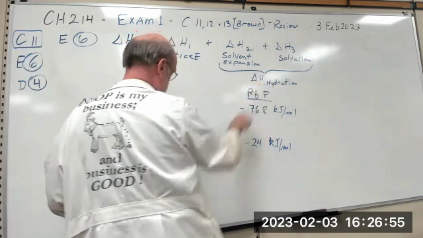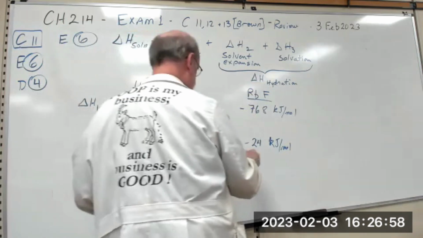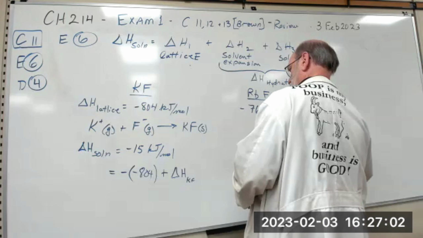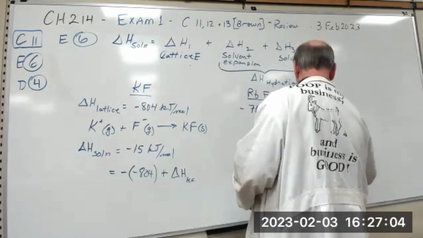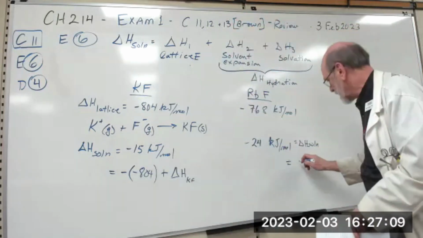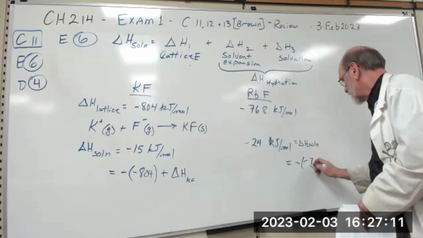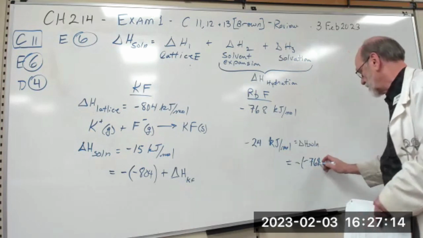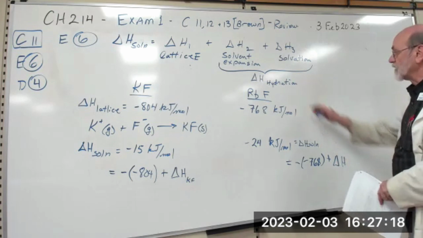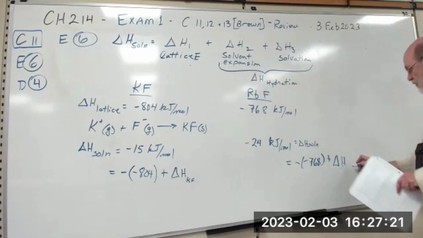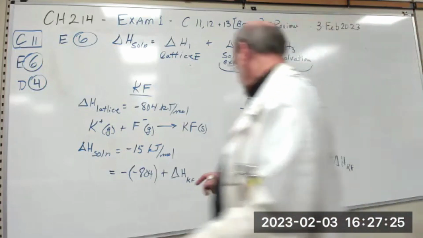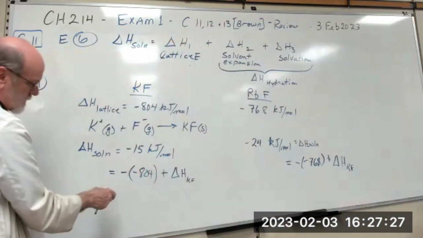It's this value right here. And this one, rubidium fluoride, its heat of solution is equal to a negative 768 plus its delta H of hydration. Okay, so we've got this expression is equal to that expression.